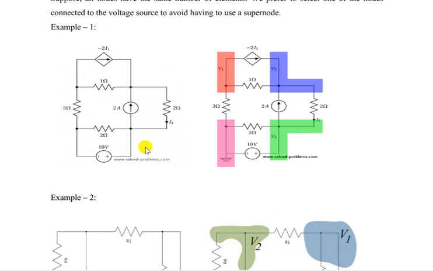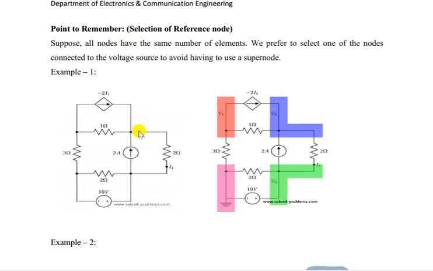Always try to take the reference node as one end of a voltage source. If there is more than one voltage source, try to find out whether there is a common point connected to all the voltage sources. If not, take any one end of a voltage source.